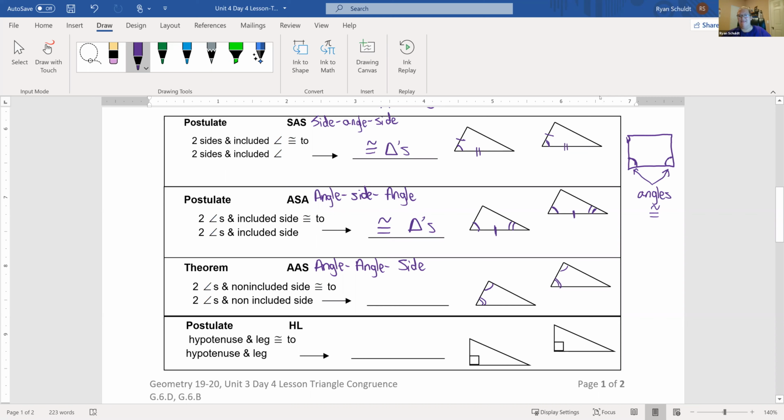But then a side that they do not have in common, the side that's not between the angles, is congruent. So I have an angle, and the side.